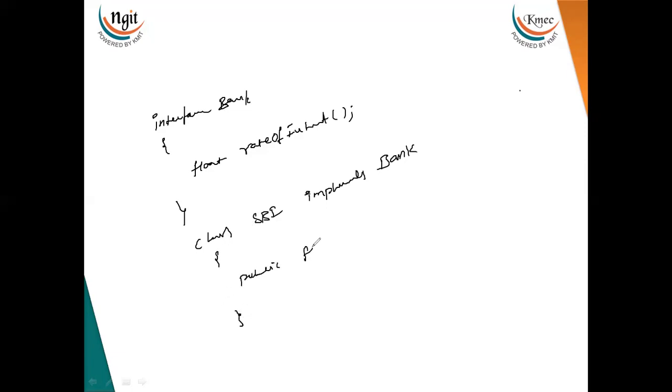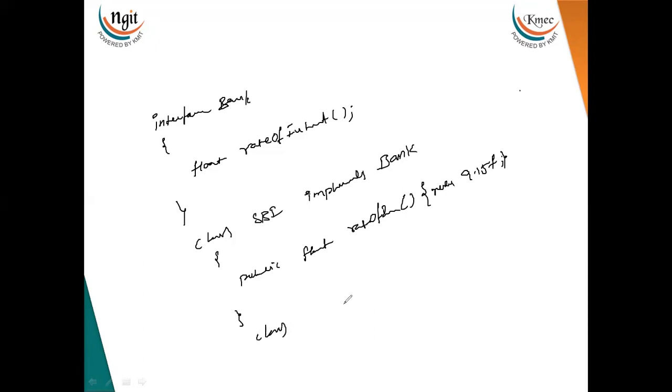So public float rateOfInterest, right? How much rate of interest do you want to charge? Let's say 9.15. So this is a float type, declared with float, and I want to return this directly. Return 9.15f, right? And the same thing I want to implement for some other bank.